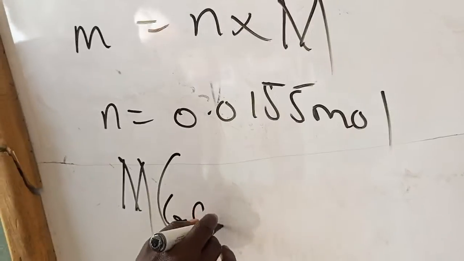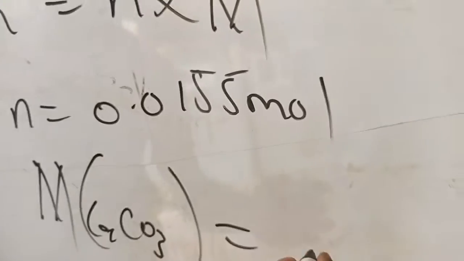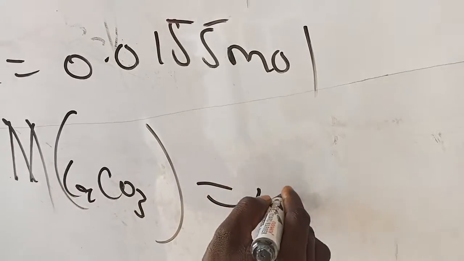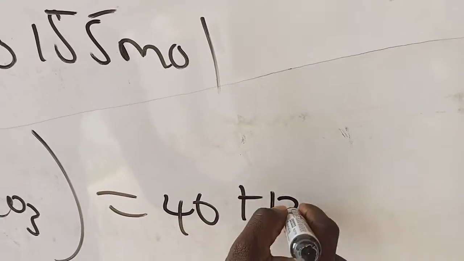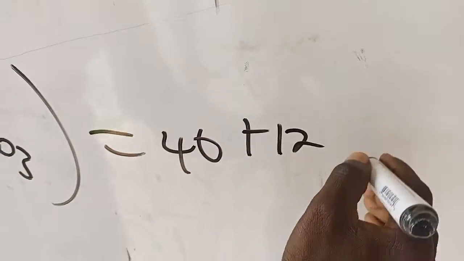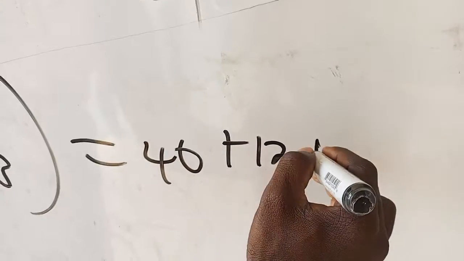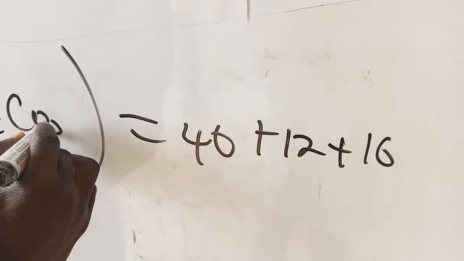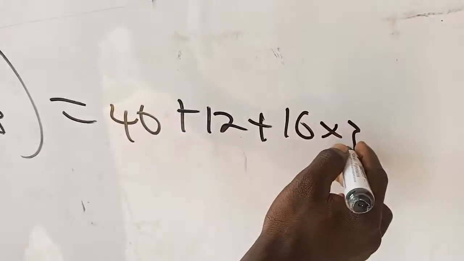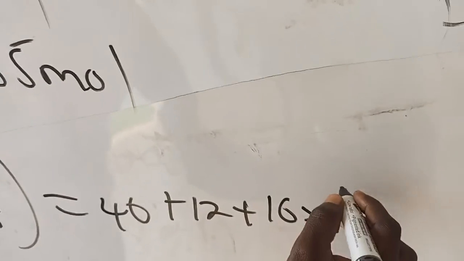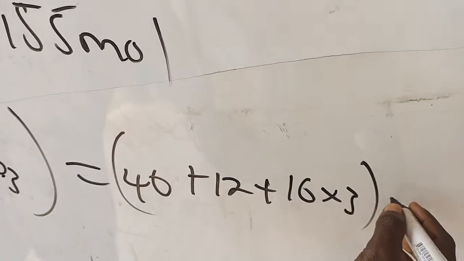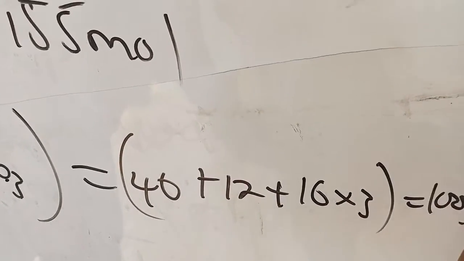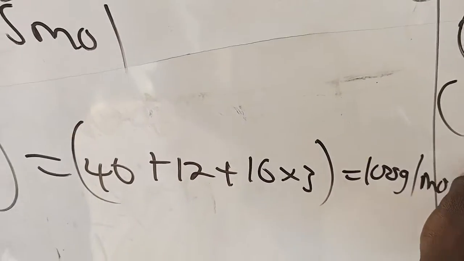So we have to find the molar mass of calcium carbonate, which is equal to calcium, the mass number is 40, plus the mass number for carbon is 12, plus the mass number for oxygen is 16 multiplied by 3. If you take the sum and multiplication, you get 100 grams per mole.